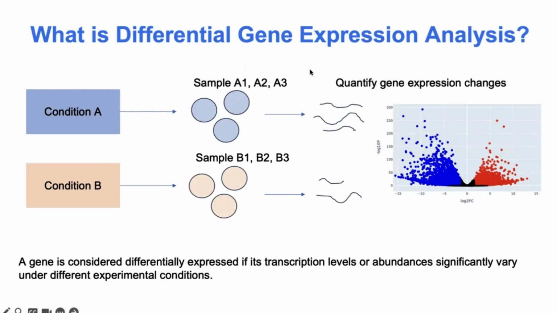We call these significantly differentially expressed genes, or DEGs. Those are the genes we're interested in, since they're likely to be relevant to the condition that we were originally studying. That's the process of differential gene expression analysis.